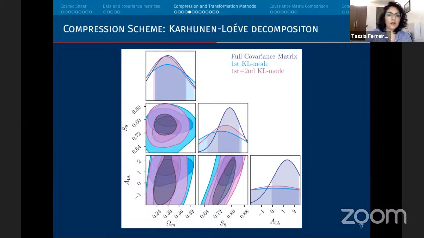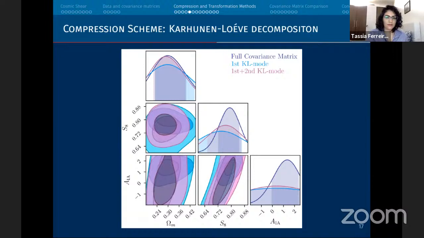The highest is only going to capture mostly omega m, because that's the one with the highest signal to noise. But if you want to capture information about intrinsic alignment, then you need to go down to the modes with low signal to noise as well. But then if you include that, you have no proper compression. Sorry, it's inverted in my mind, but yes, then you should go to the lowest. That's the key point.